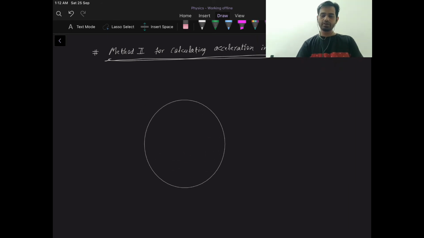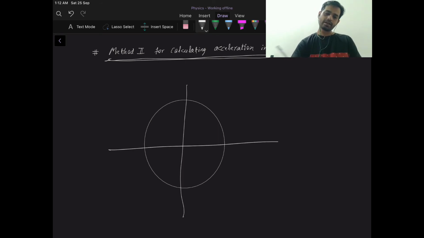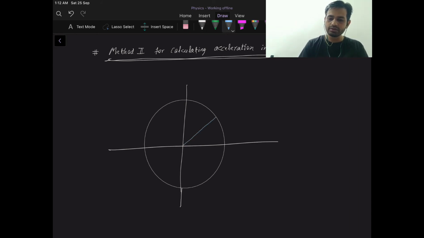So let us make this circle, and we will have this as the x-axis and this as the y-axis.